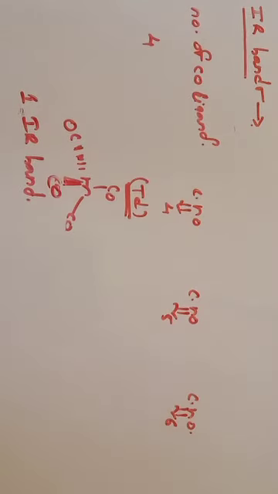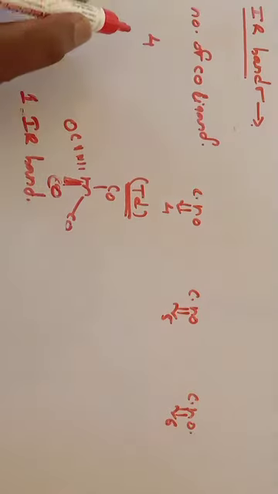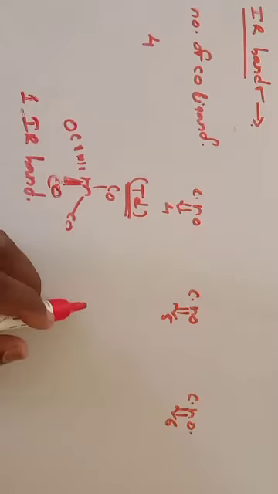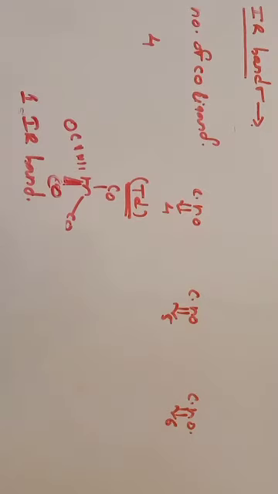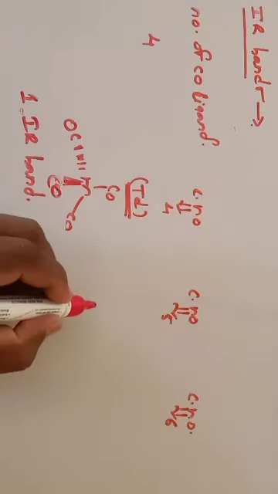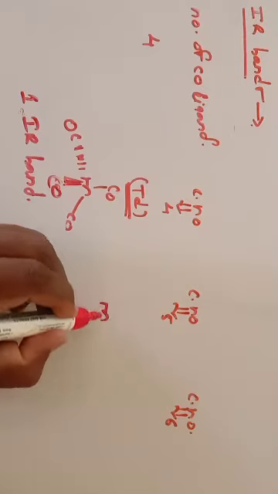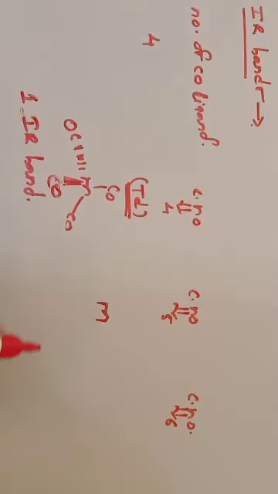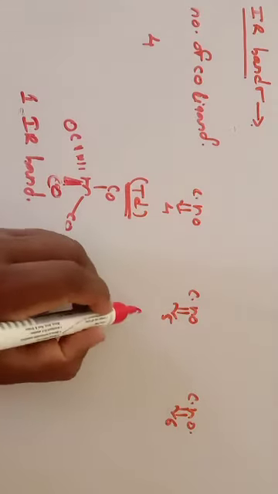The second case is when the coordination number is 5. If you consider the coordination number is 5, it means there are a total of 4 ligands, but the coordination number is 5, and we know that for coordination number 5 the geometry is trigonal bipyramidal. So how do we arrange these 4 carbonyls?